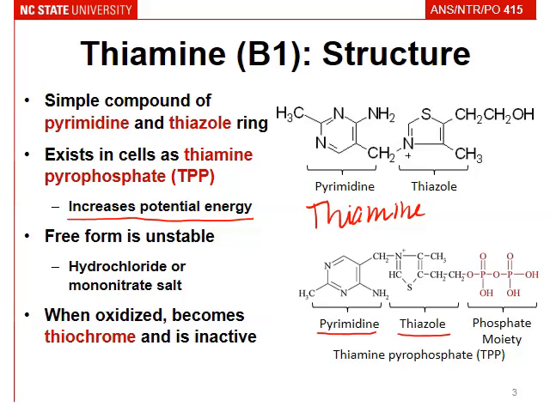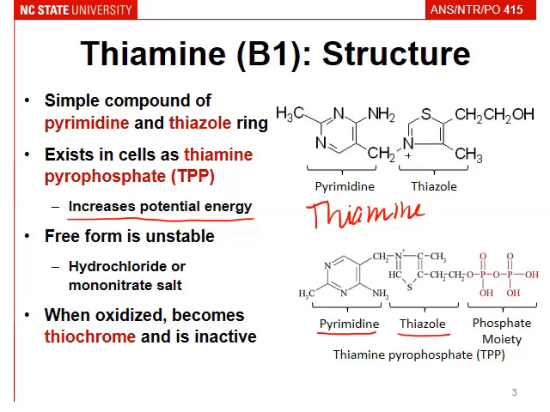If we had thiamine in its free form with the pyrimidine and the thiazole, this is a very unstable structure. So when we have it in the diet, we usually have it conjugated to hydrochloride or a mononitrate salt.